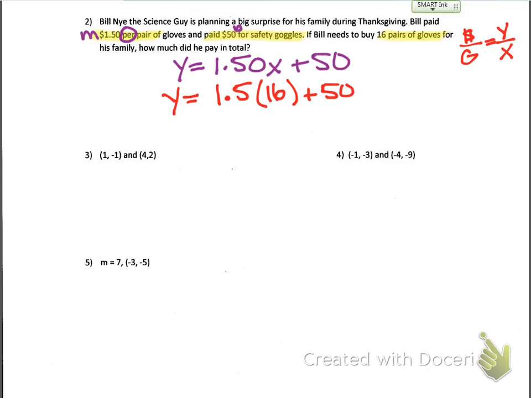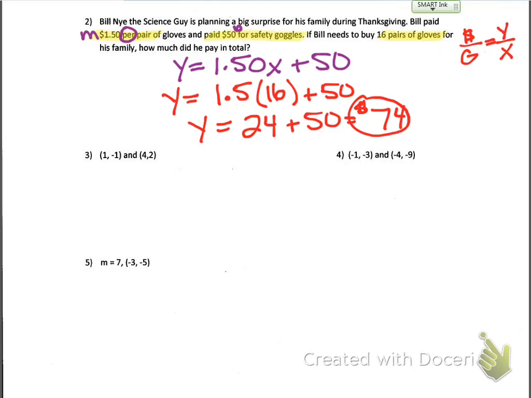All right, so 1.5 times 16, going to need a calculator here. So $1.50 times 16 gives me 24. And then 24 plus 50 is going to give me 74. But again, it's y, and what does y represent? Money.